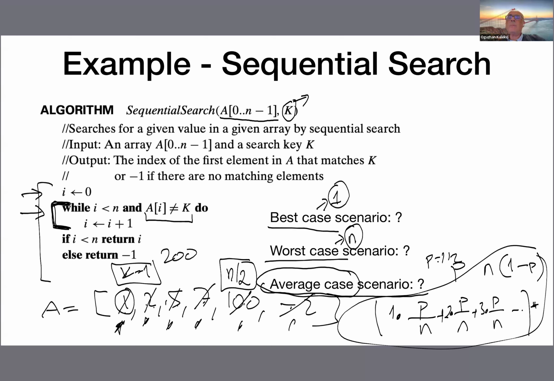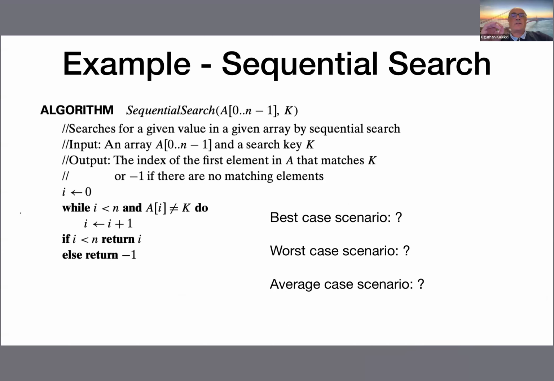But the moral of the story is, when we are analyzing an algorithm, we should pay attention to whether our analysis is a worst case, best case, or average case scenario. And actually, from a computer science perspective, best case scenarios are not very interesting. They are not useless, but not very interesting.